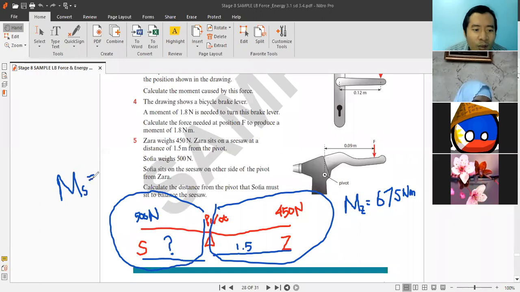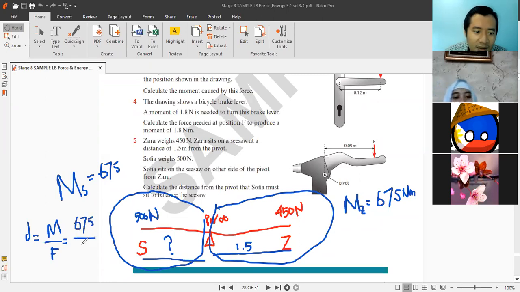The moment of Sophia must be the same, 675. Now we calculate the distance. The distance equals moment per force. What is the moment? 675. Divided by the force.